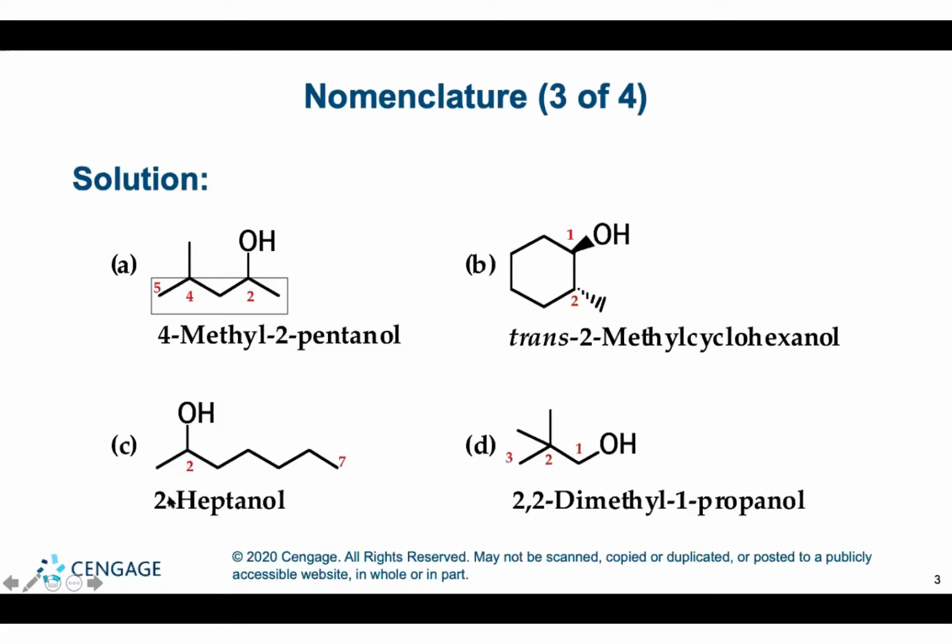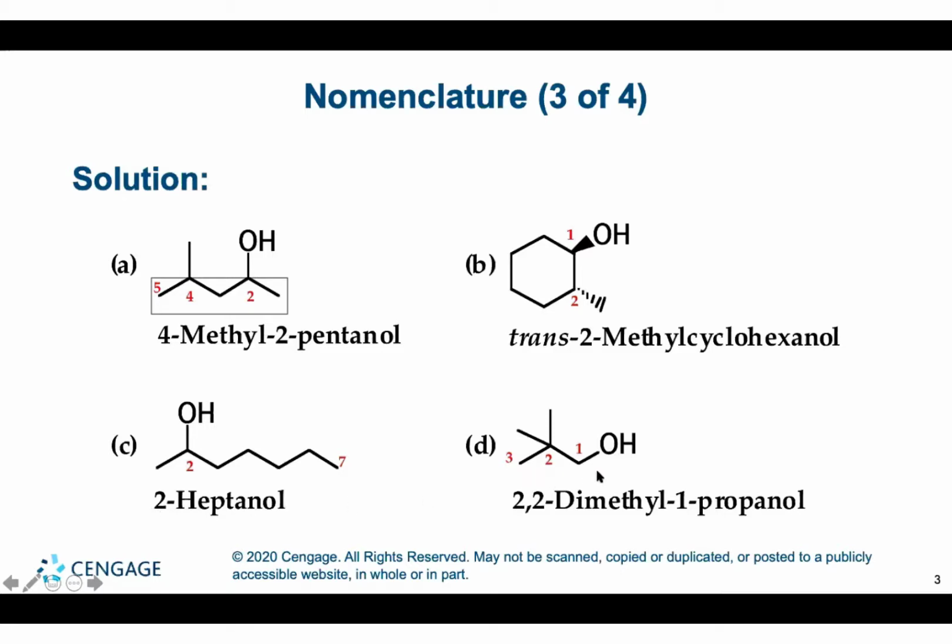So I say 2-heptanol. On carbon 2, I have an OH group. It's going to be 2-heptanol, and the OH is part of my parent name. I add -ol to it. 2-heptanol.